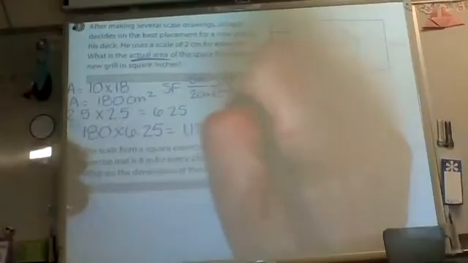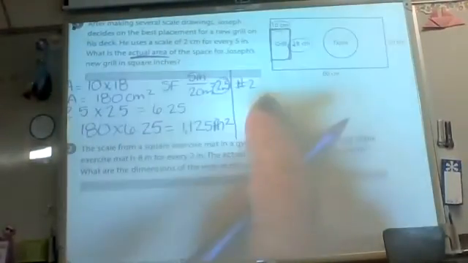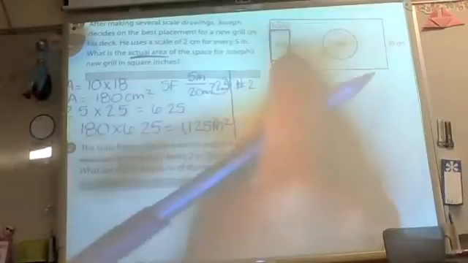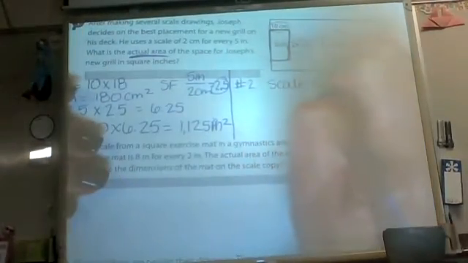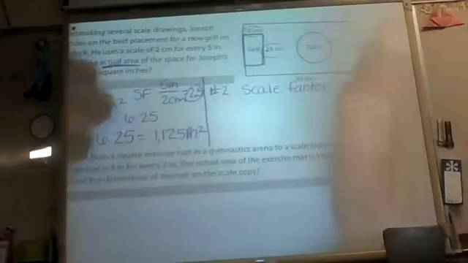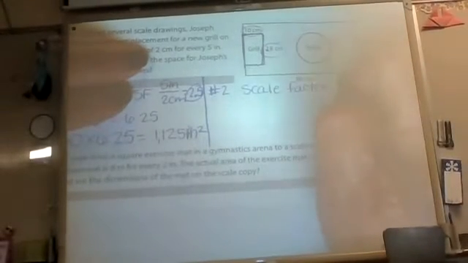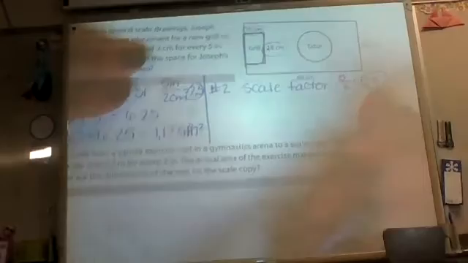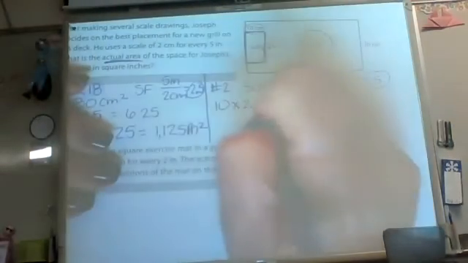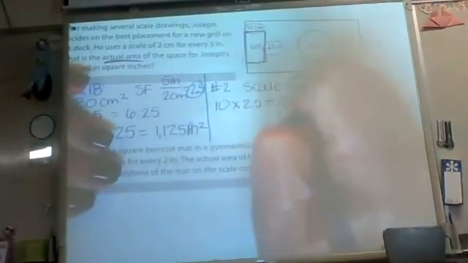Method number 2 is to find the actual dimensions. So again, you have to find your scale factor, by actual over drawing, so it's still 5/2, which is 2.5. So there's our scale factor. Then we're going to take the length or the width, whatever you want to call it, and this becomes 25.